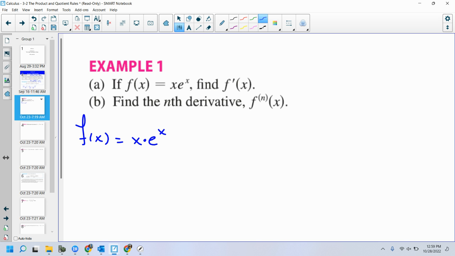Okay, so that means f prime is going to be, okay, so this is our f and this is our g. So this is going to be, again, how do we write it before, we wrote f g prime plus g f prime.